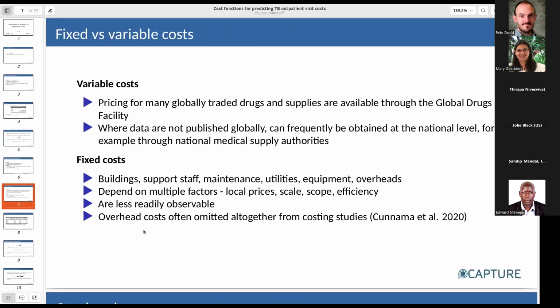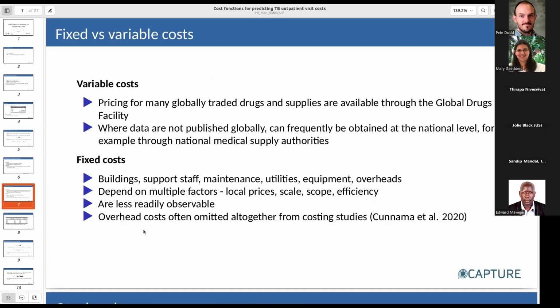Just to drill down a little bit more into fixed versus variable costs and how you would populate a mechanistic cost function. Decomposing a unit cost into fixed and variable costs is not just that you can adjust the fixed cost for scale, it also might make it easier to get accurate adjustments for different contexts. So for example, for drugs and supplies, there are typically international or national price lists.